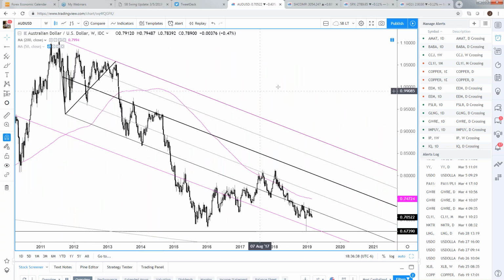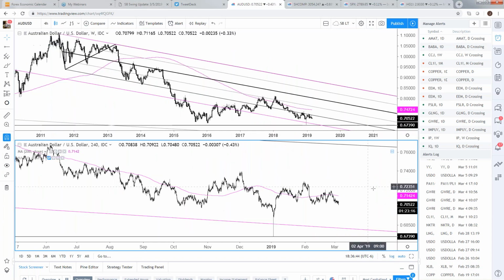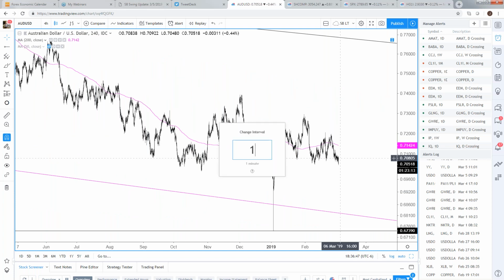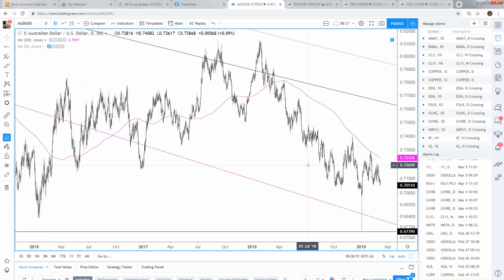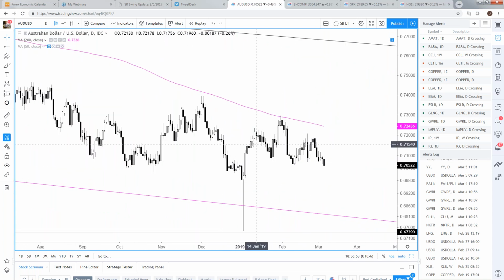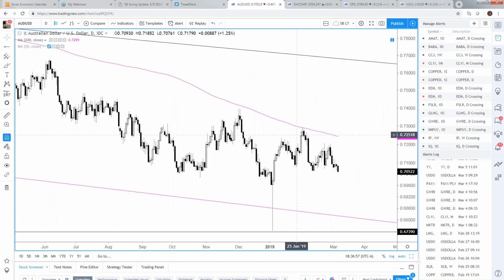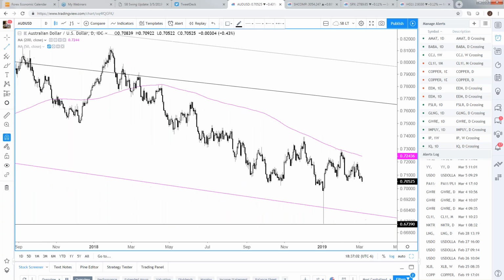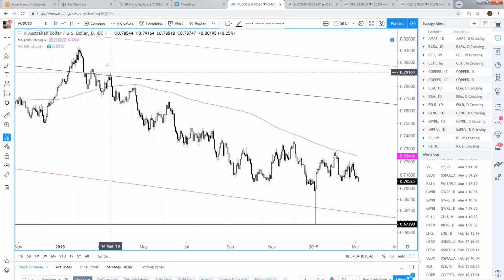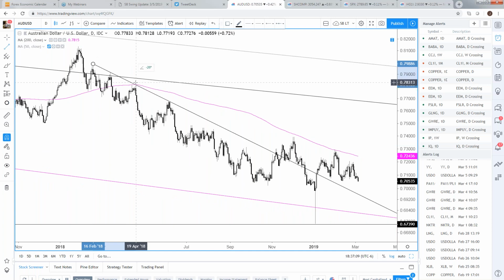If we zoom into a shorter term chart, go to a daily chart. Trying to resolve this head and shoulders to the downside at the moment. Even if it does end up resolving to the downside, I'd be looking at this trend line from last year, which you can see is very well defined.